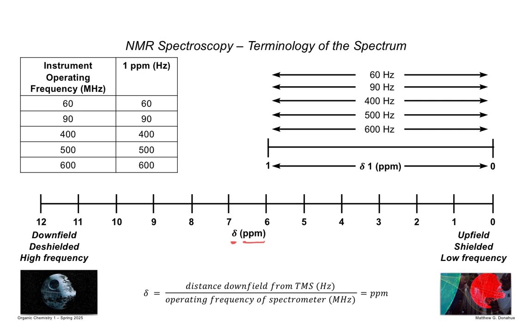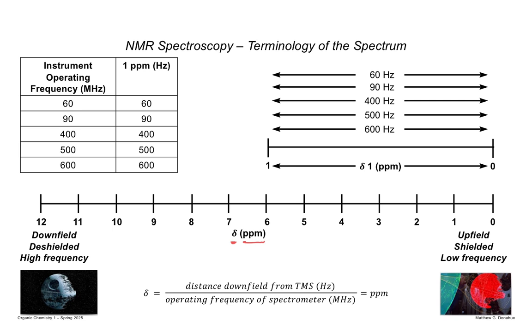The other component to the NMR experiment is the operating frequency. On this table to the top left, you can see the different frequencies: 60, 90, 400, 500, 600, there's 800 and now also 1.2 gigahertz. The ones you see there are listed in megahertz.